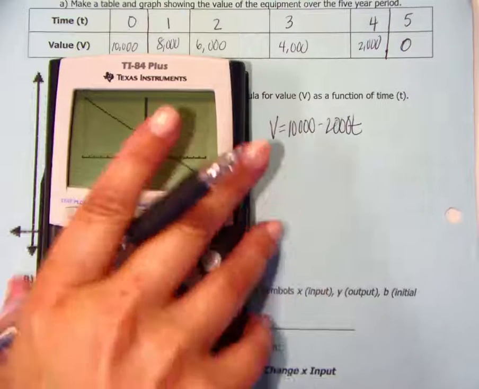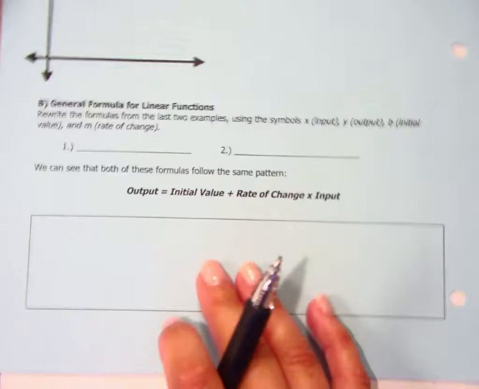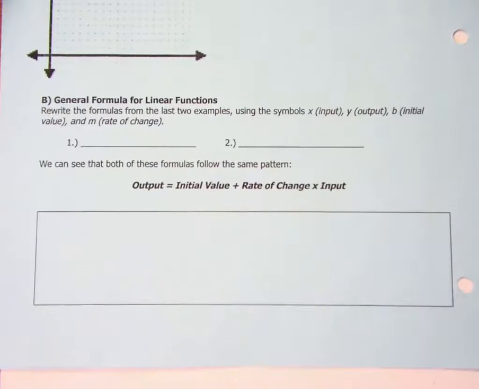Okay, let's go back and look at what we're doing here. It says to rewrite the formulas from the last two examples using the symbols X for input, Y for output, B for initial value, and M for rate of change.